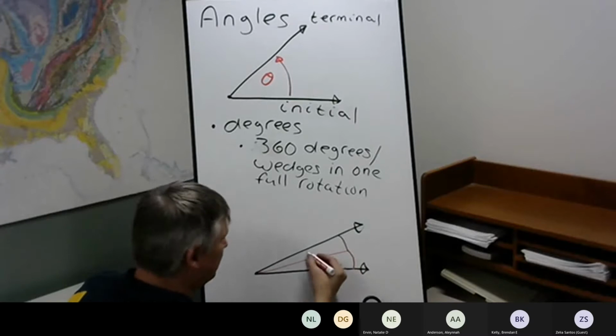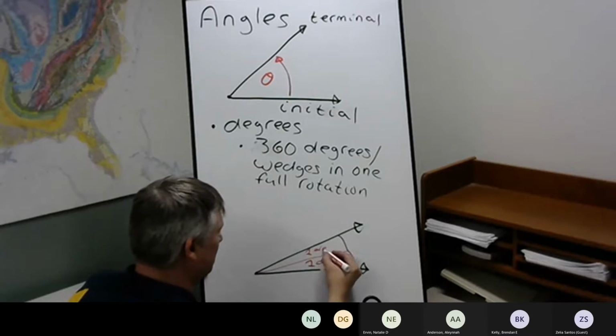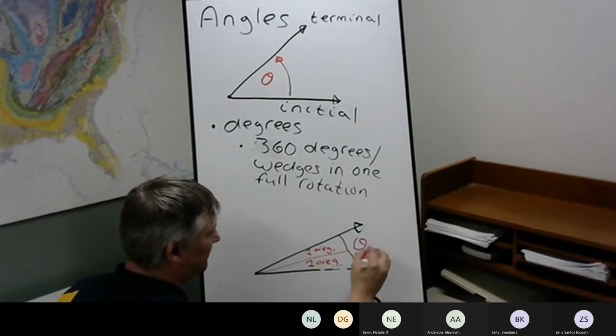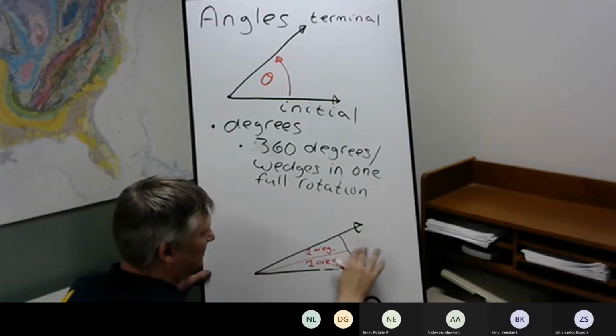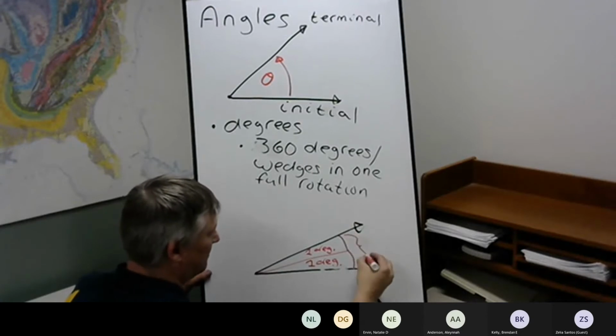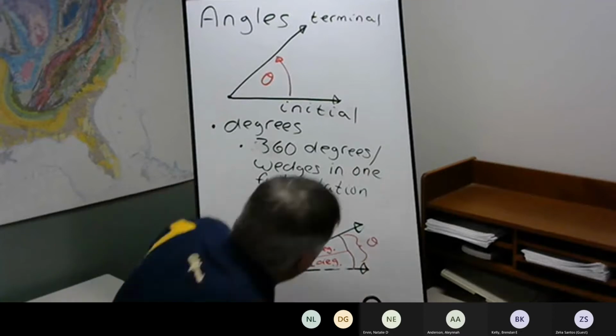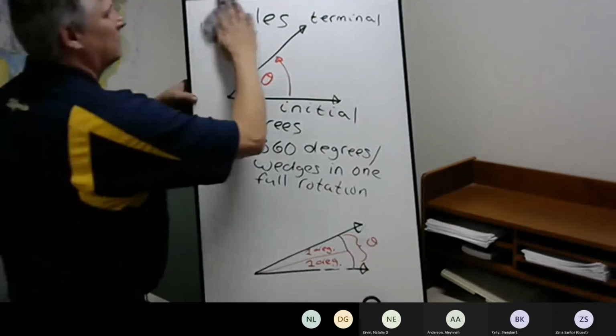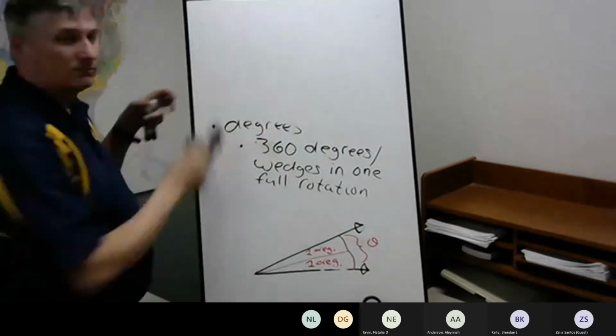So this is 1 degree, 1 degree. This is your angle theta. So what we say is theta will equal 2 degrees.